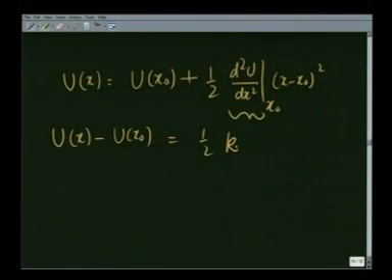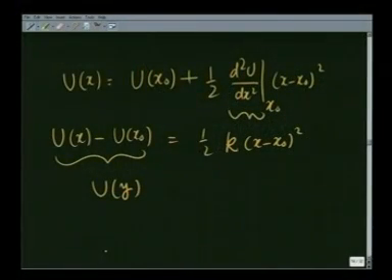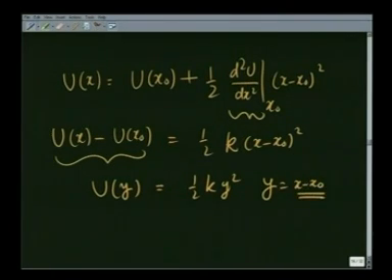So, let me write this as k x minus x 0 square for small displacements. If I call this u y by taking u at x 0 to be 0, because as I said earlier, you always define potential energy with respect to a particular point, it is equal to 1 half k y square, where y I take to be x minus x 0, or the displacement from the minimum.